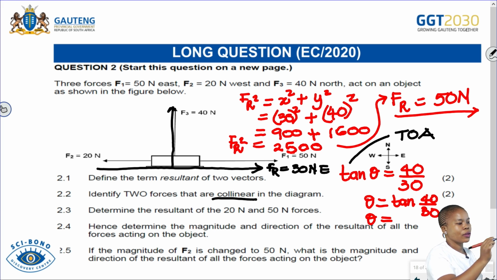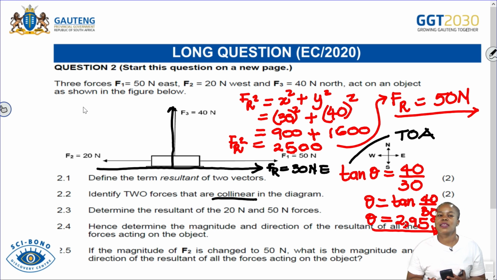Therefore our theta is going to be 53,13 degrees. So this bearing gives us the direction.